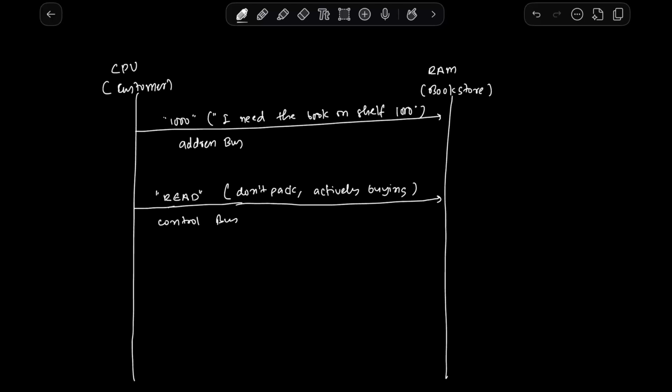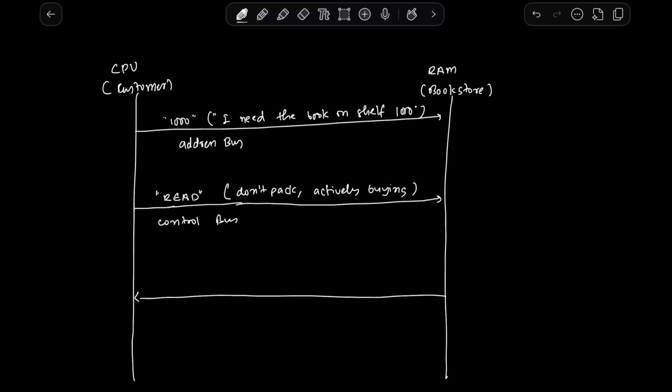Now that we required some data, it's the responsibility of the bookstore to actually provide us the data. Here the role of the data bus comes in.